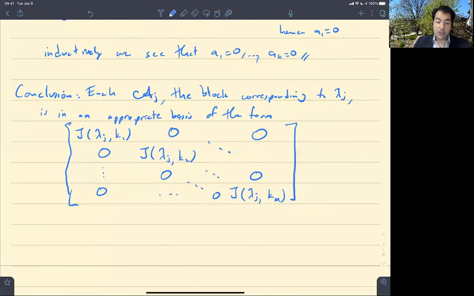Right, so each block matrix AJ is in turn block diagonal, but now on the diagonal you have Jordan blocks. And here, these Ks, of course, add up to the algebraic multiplicity of lambda j.